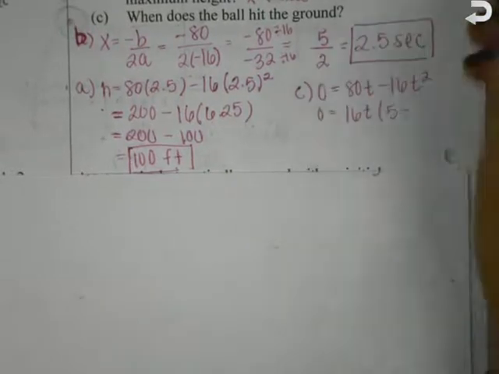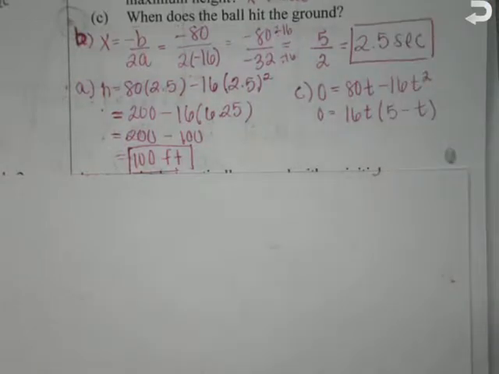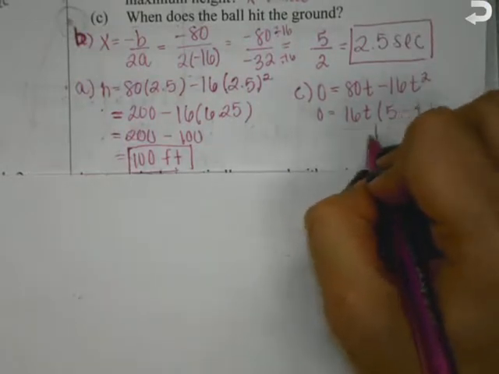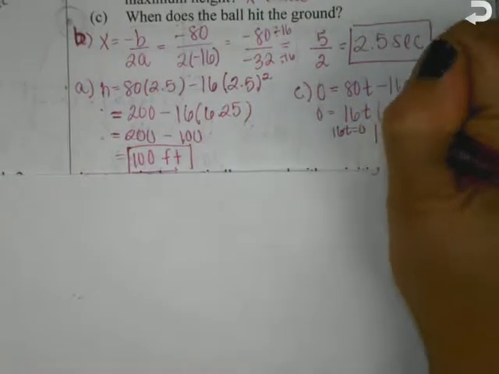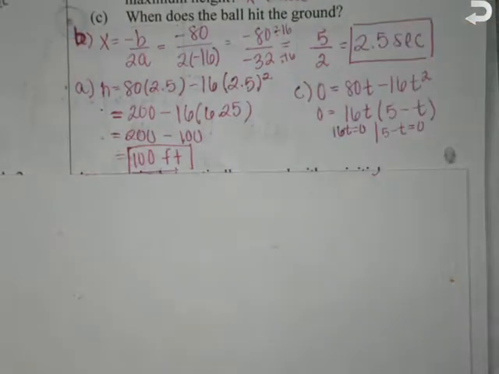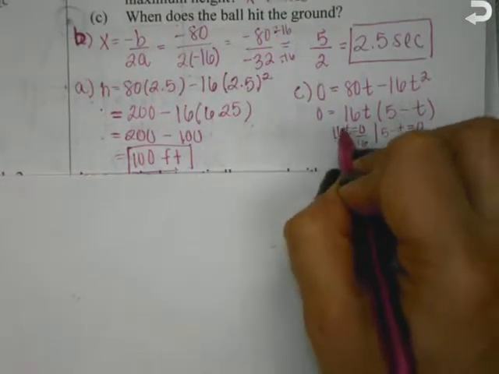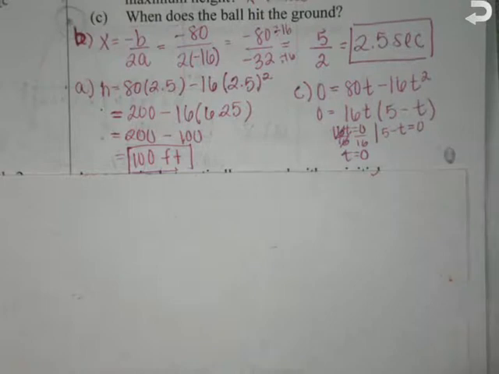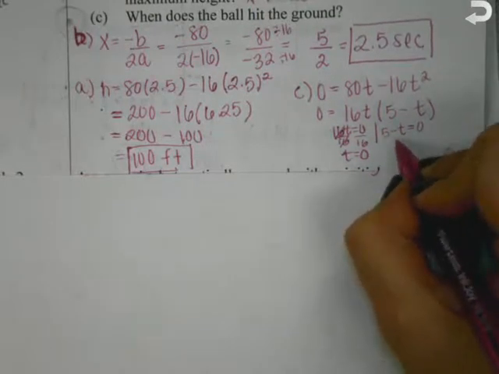Set each one equal to 0, so 16t equals 0 and 5 minus t equals 0. If I divide both sides by 16, that gives me t equals 0. Or I can just add t to both sides, because then that gives me 5 equals t.